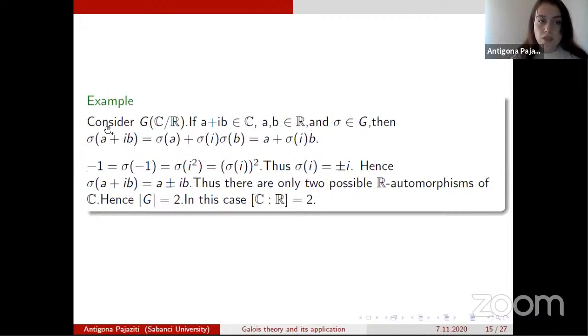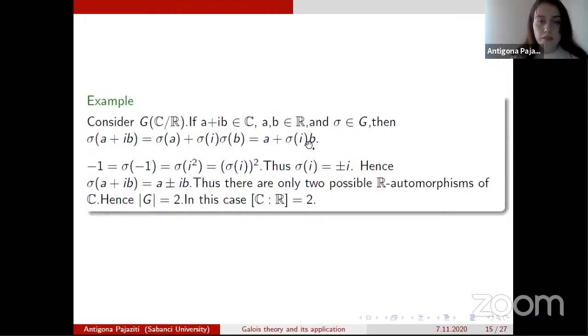Then sigma takes one element of C and sends it to another element of C. Because it is an automorphism, we can write sigma(a) + sigma(i) times sigma(b). And because a and b are in R, where sigma keeps all the elements of R fixed, sigma(a) goes to a and sigma(b) goes to b. So we have a + sigma(i)b.